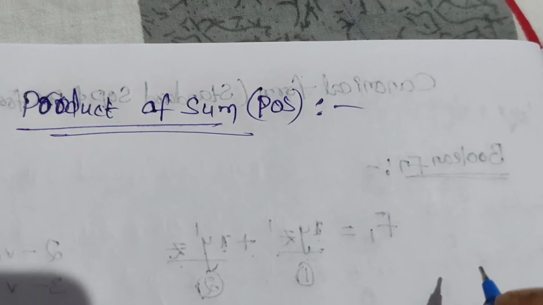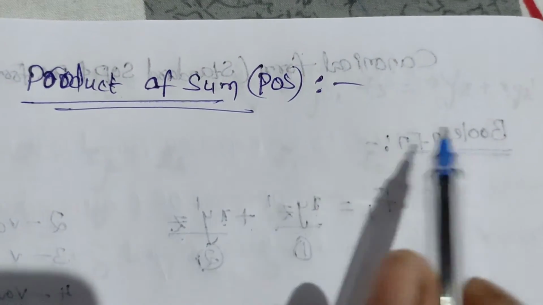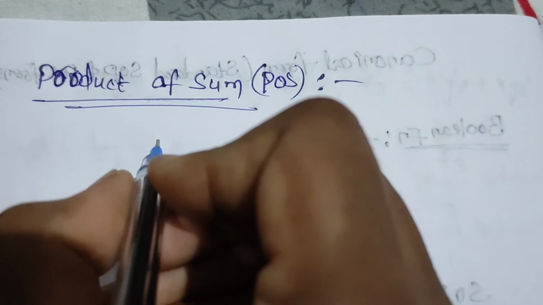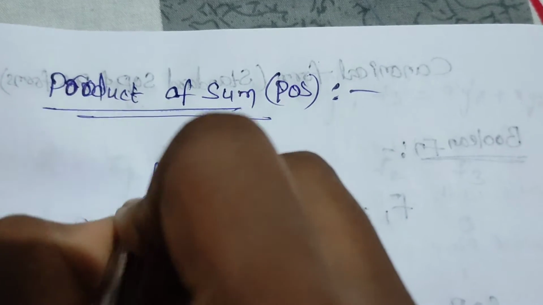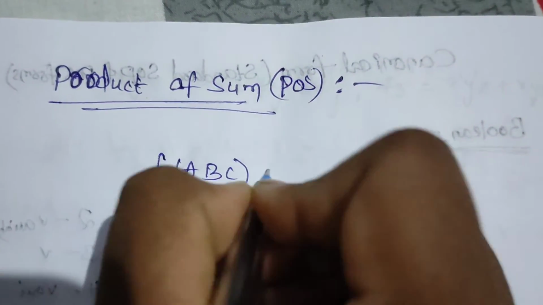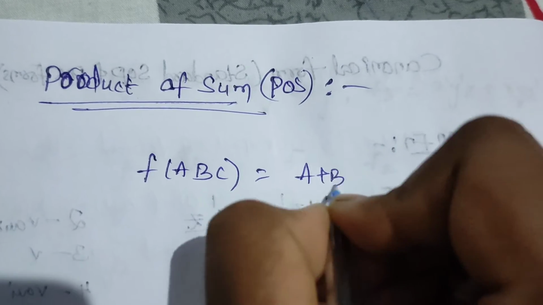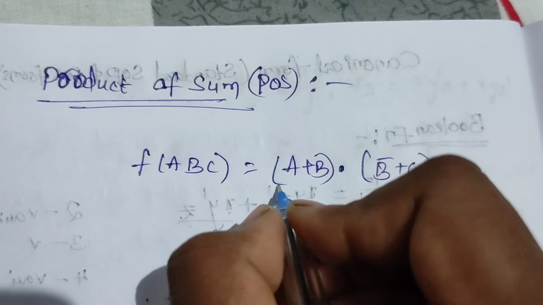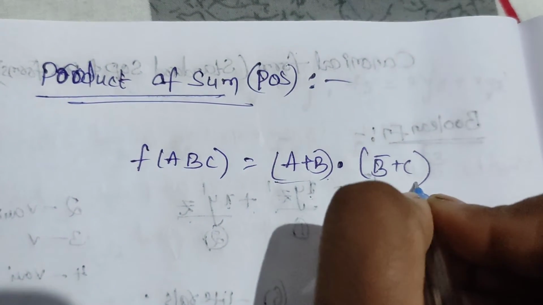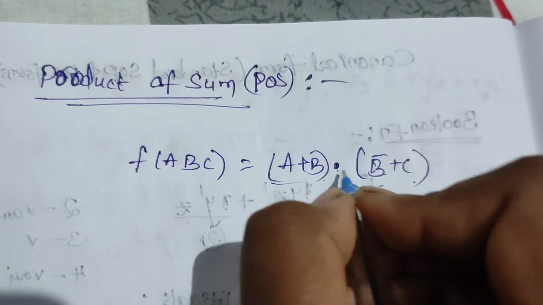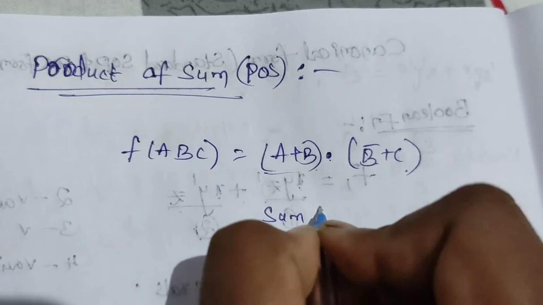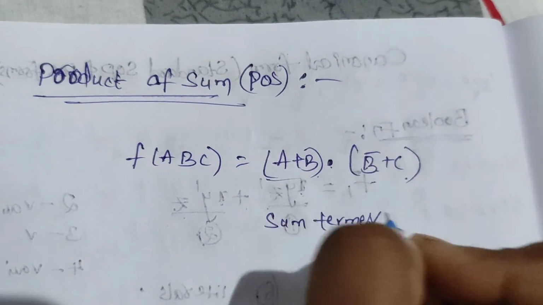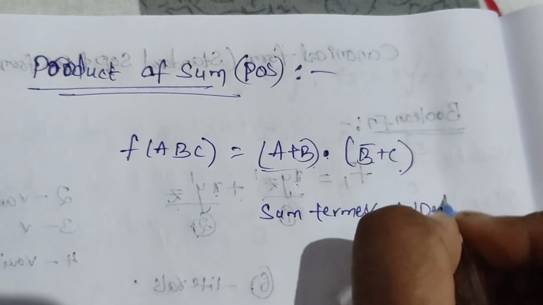Now let us see product of sum, POS. In product of sum, terms are multiplied or ANDed together. That is, a function f of ABC is equal to A plus B into B bar plus C. This is a sum term and this is a sum term. These are ANDed together.